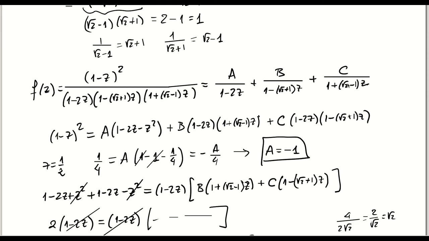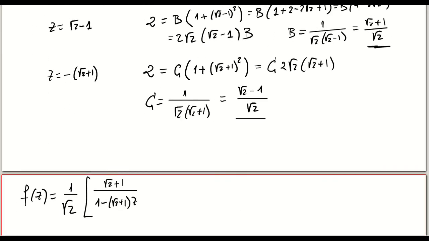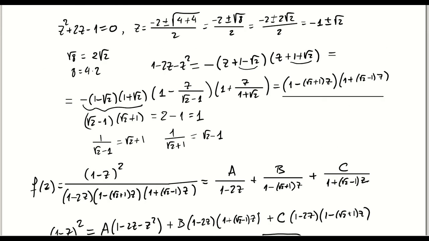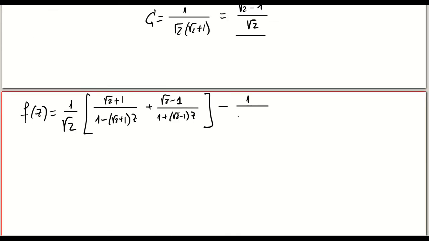And then I have this one, and this one is plus square root 2 minus 1, all right? The square root 2 here is here, and then divided by 1 plus square root 2 minus 1 times z. Okay, and finally, remember a is equal to minus 1, so this last fraction is minus 1 over 1 minus 2z.